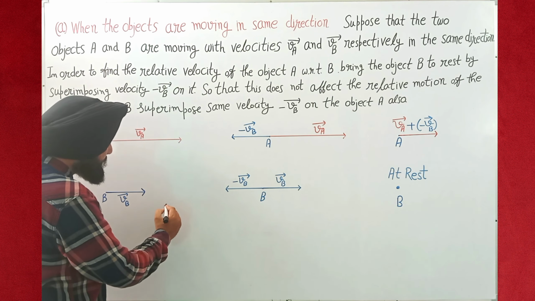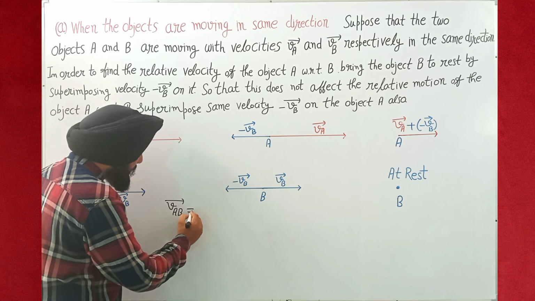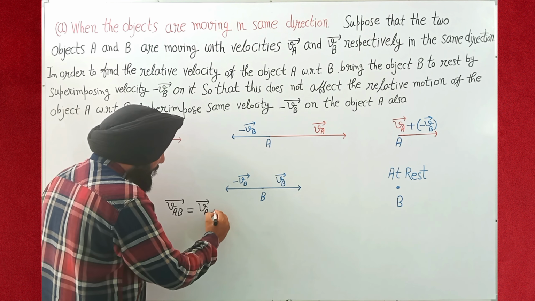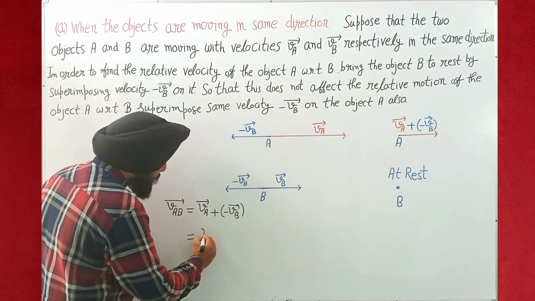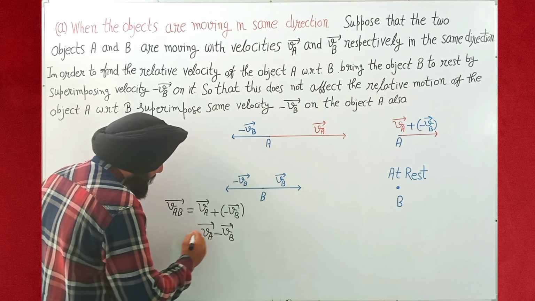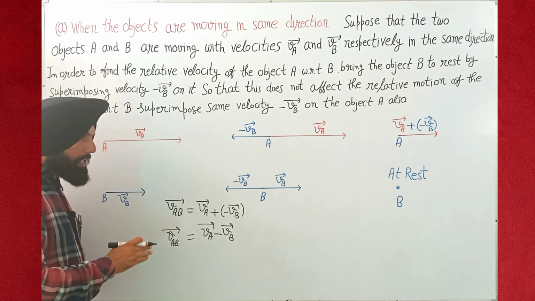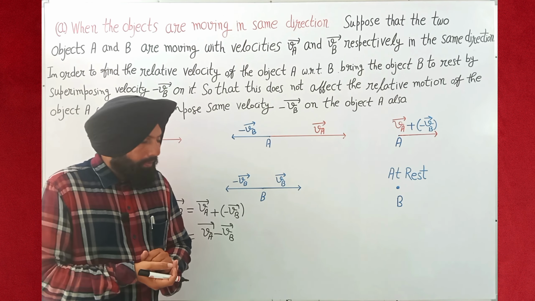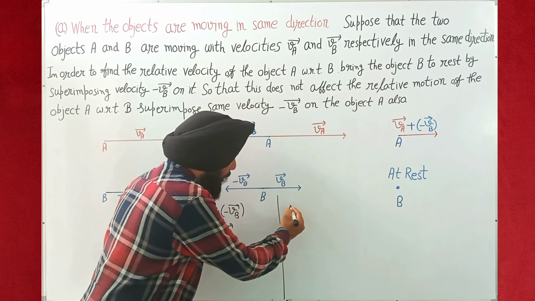So students, the relative velocity of the object A with respect to B is BA vector plus minus BB vector, equal to BA vector minus BB vector, that is VAB. Relative velocity of the object A with respect to B is VA minus BB. Now students, important step.